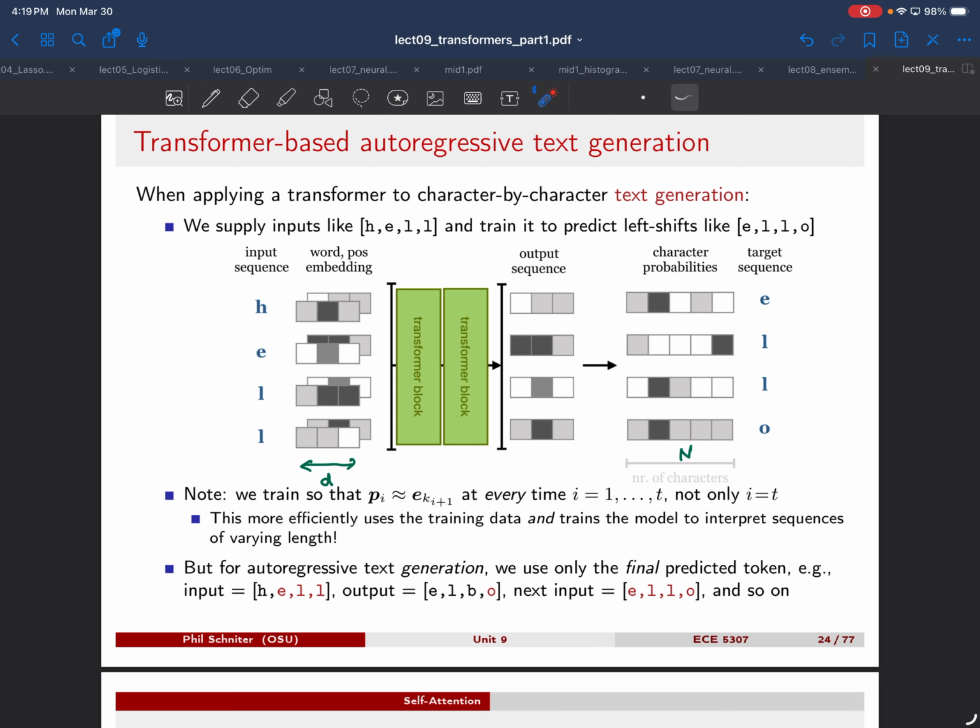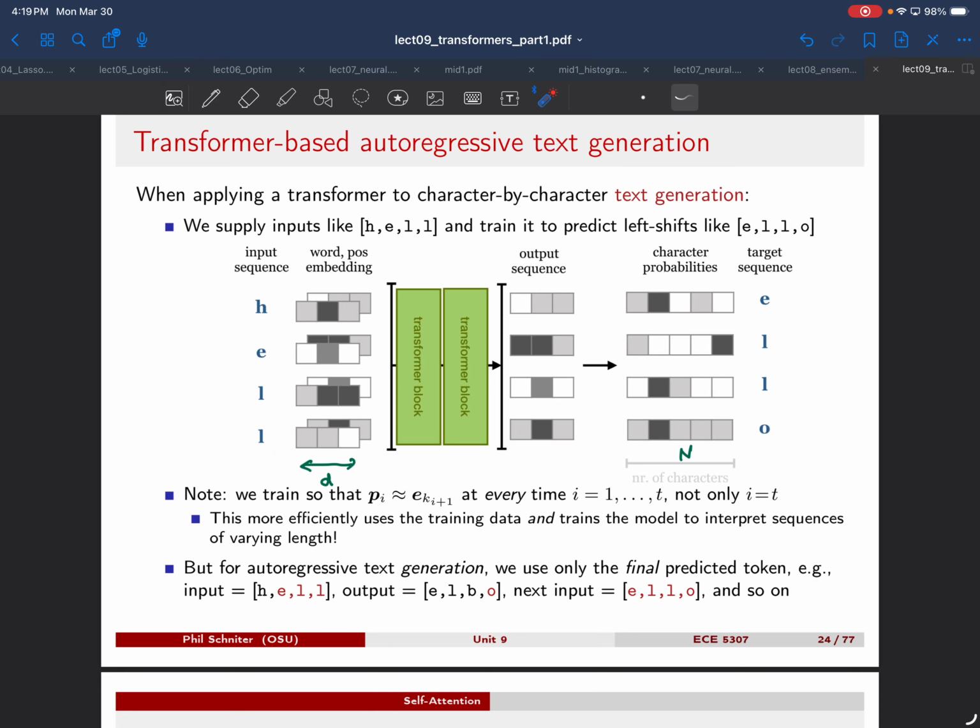The way it's trained, though, is we have this long training sequence, and in that sequence, these were the first 4 characters, and this is a shift of the sequence showing that the next character is the letter O. So we train it with many batches of data like this. This is just going to be one element of a mini batch.